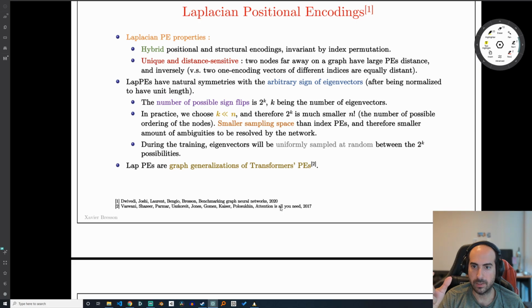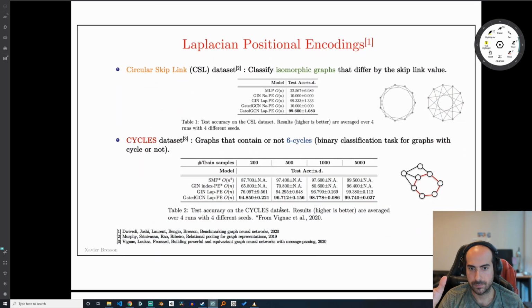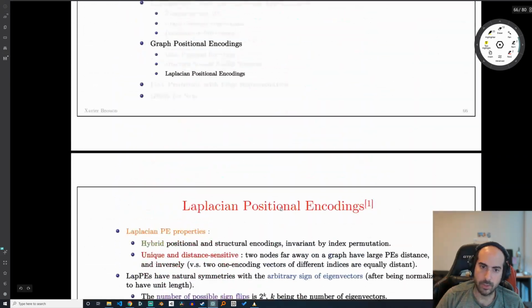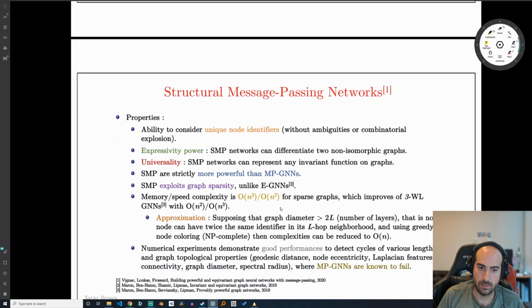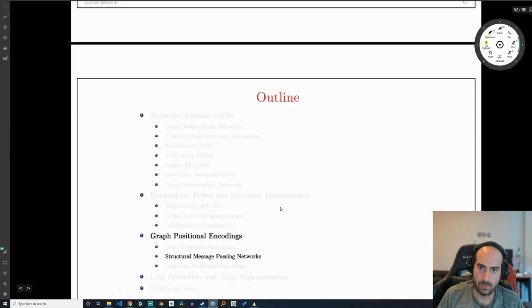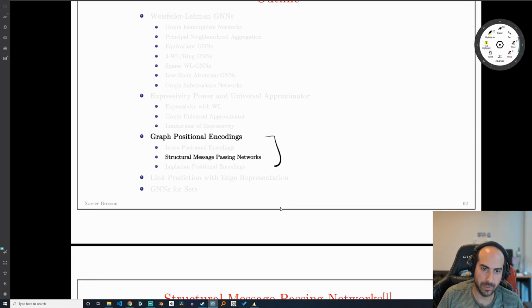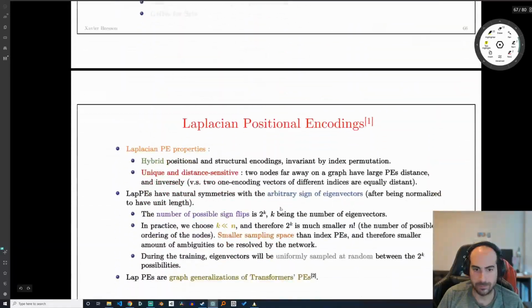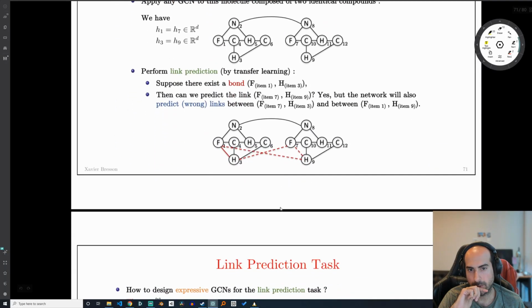Possible sign flips, with k being the number of eigenvectors. In practice, we choose k less than n. Basically, either the encoding depends on your immediate position, or on your position and your neighbors, or it depends on some sort of cyclical property as well. Think of it like a hash map that's circular, for example, like a prediction task.